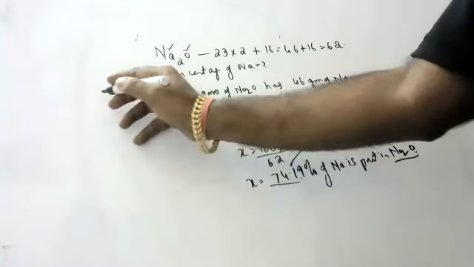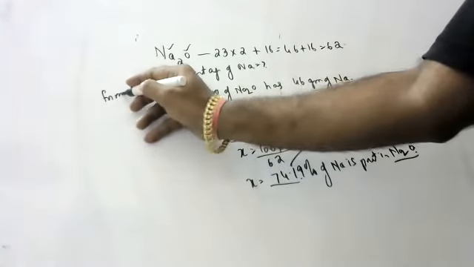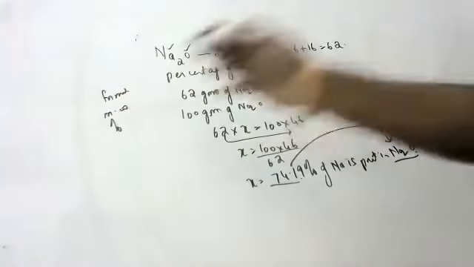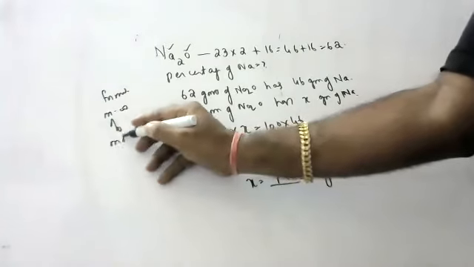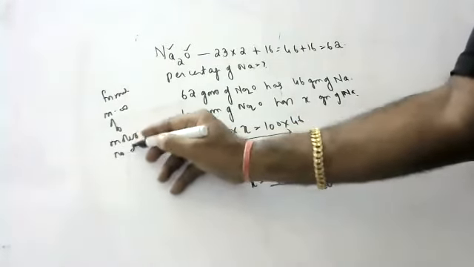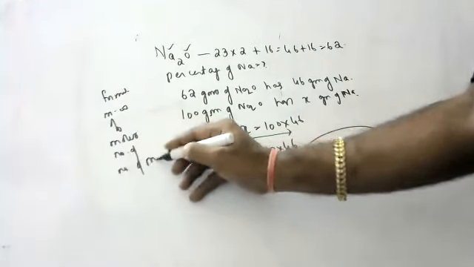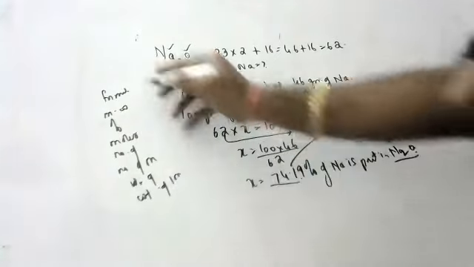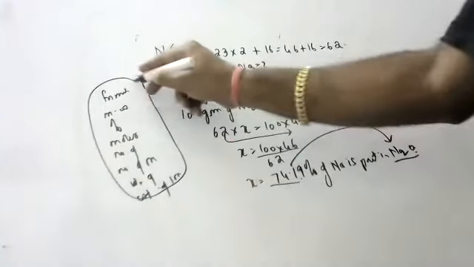So, children, if you remember, when we were discussing atoms and molecules, I will keep a playlist, children. There we discussed how to write formulas, how to find molecular weights, how to write percentages, how to find number of moles, number of atoms, number of molecules, weight of one atom, weight of one molecule. Everything we discussed, children. Please go through that video.